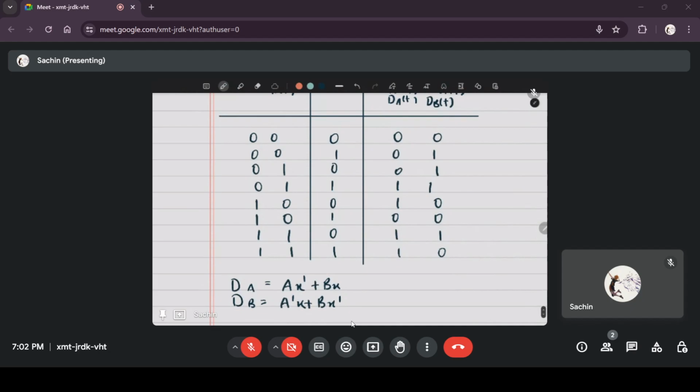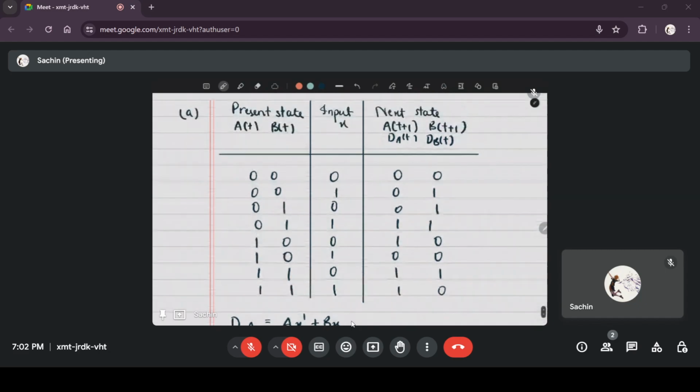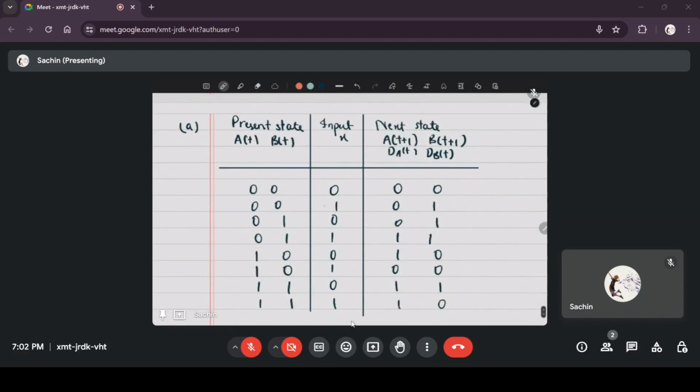When x is 1, dA is B, which is what occurs when x is 1: you have 0 0, x is 1, you have 1 1, x is 1, you have 0 0, x is 1, you have 1 1. So dA follows B when x is 1.